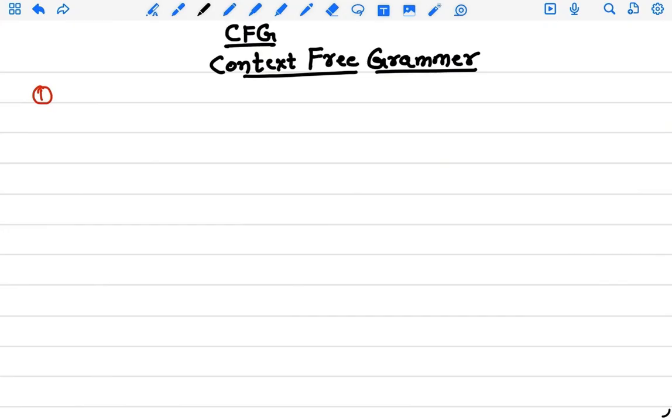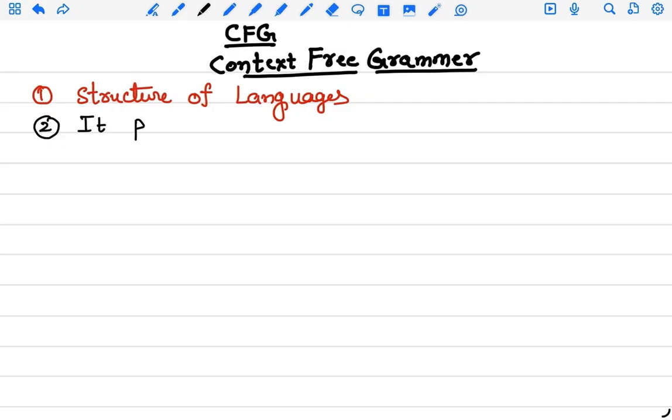That is, it is used to describe the structure of languages. It provides a set of recursive rules for what?